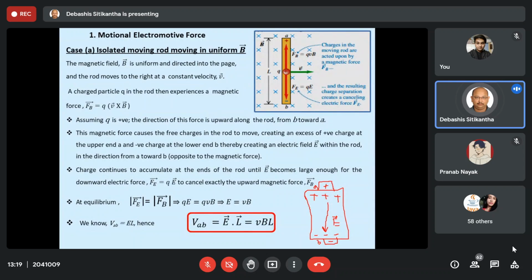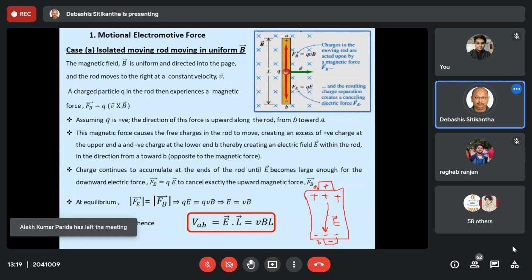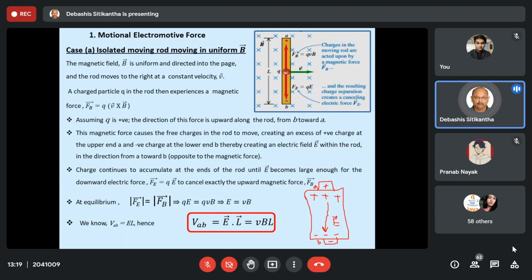Now in this way, there are two forces that are going to act. First, the magnetic force, which has already separated the positive charges from the negative charges and dumped them on either side of the conductor. Similarly, when they are separated, it leads to an electric field, and this electric field is going to create a force known as the force due to electrostatics, that is your Fe. And we all know that Fe is nothing but the charge times the E vector.